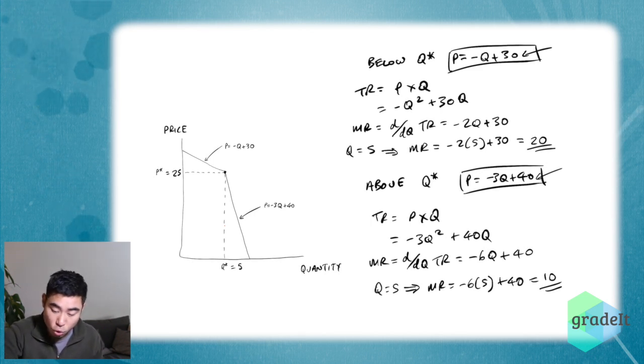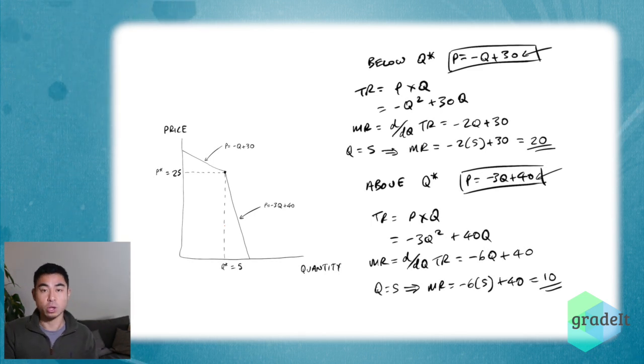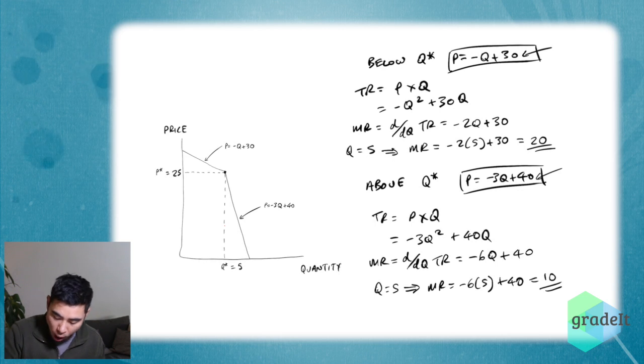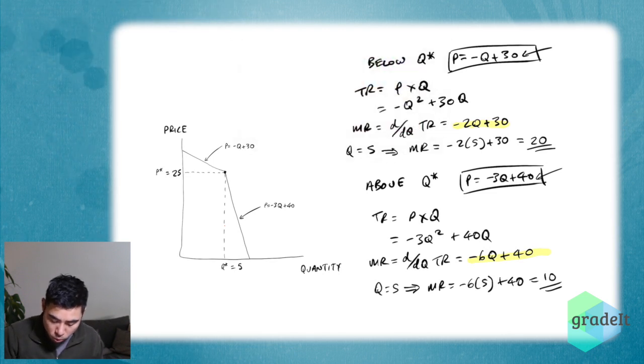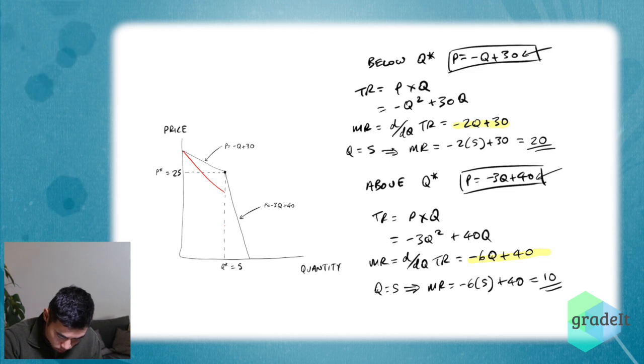Well, we've got two marginal revenue curves, one for quantities less than Q star, one for quantities greater than Q star. You've got this marginal revenue curve here, this marginal revenue curve here. So if we start to mark these on the diagram, for quantities below Q star, we have minus 2Q plus 30. It's going to start from the same point, and it's going to look something like this.